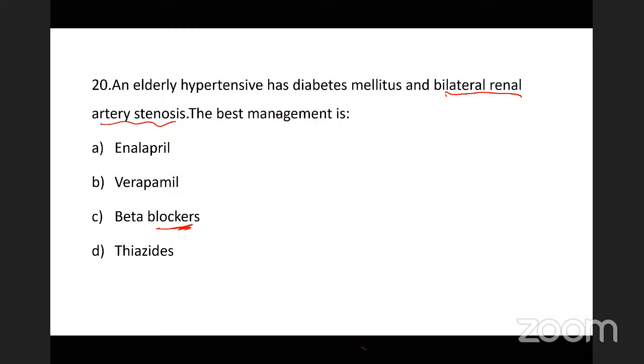On a long-term basis, beta blockers also decrease insulin release, which causes a diabetic-like state. So we cannot use beta blockers. The safer drug among these is calcium channel blockers. We can use calcium channel blockers. The answer is verapamil.